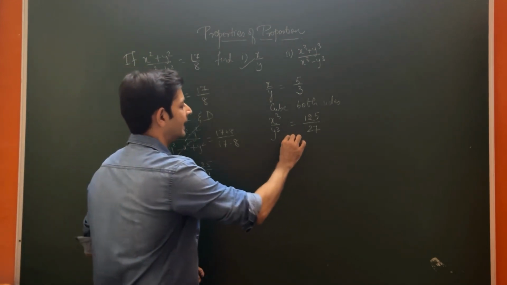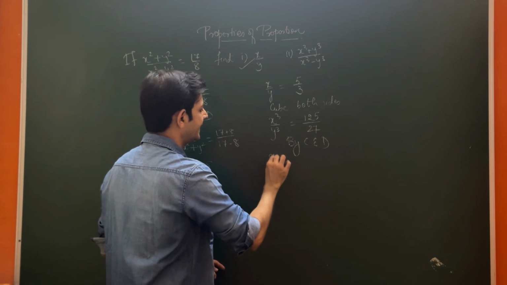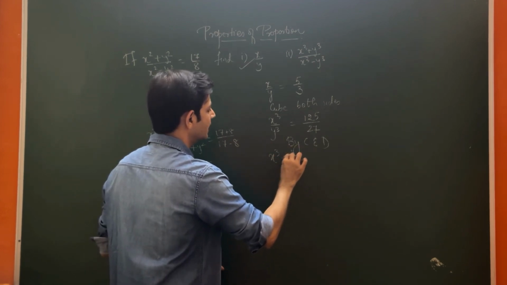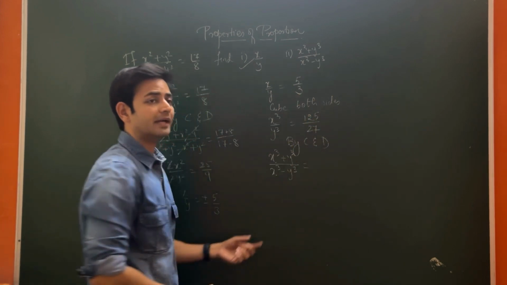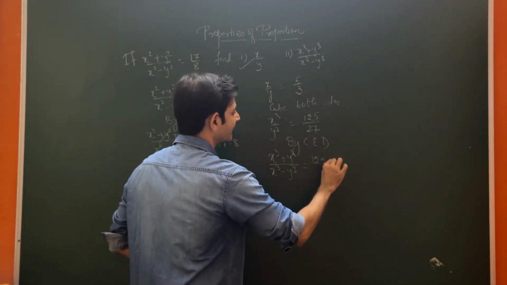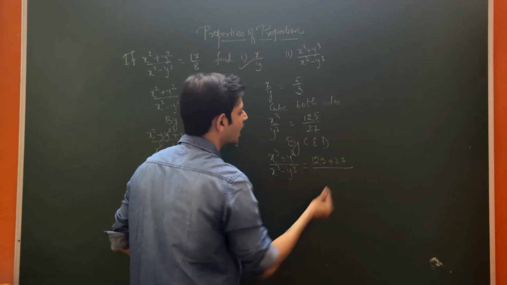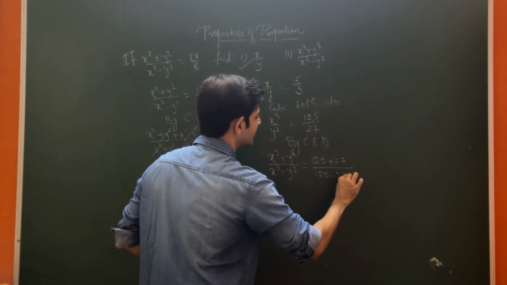So by componendo and dividendo, we get (x³+y³)/(x³-y³). Now again we will apply on both sides, so it will be (125+27)/(125-27).